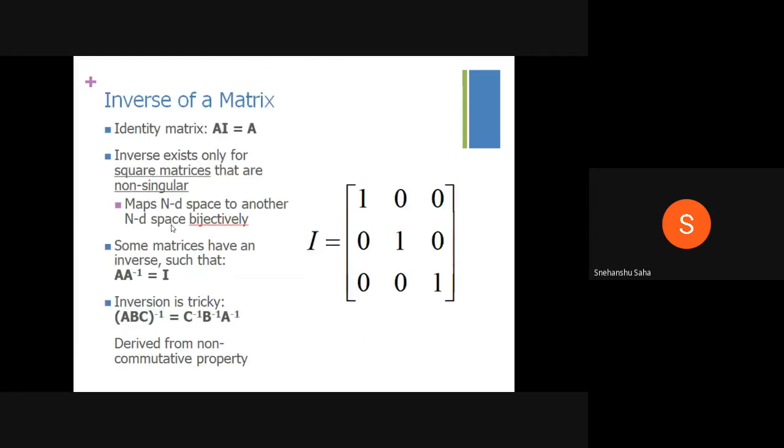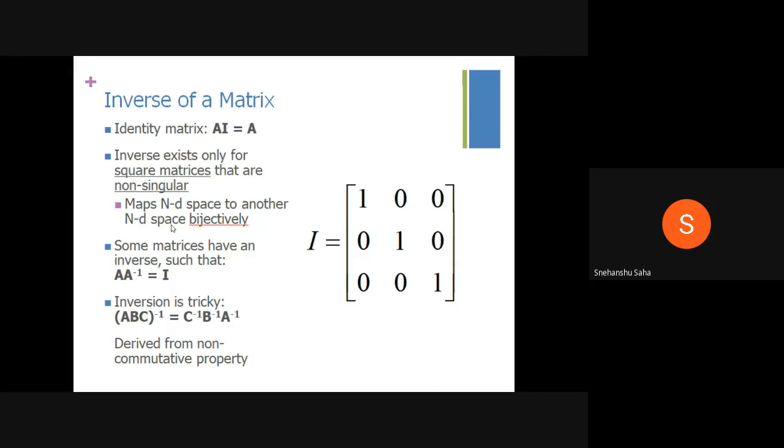So now I would still be talking a little about matrices, because you are familiar with the matrix structure. You know what an identity matrix is, and if I have a matrix, what do you mean by the inverse of a matrix?